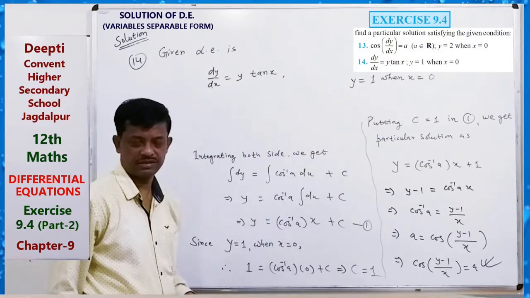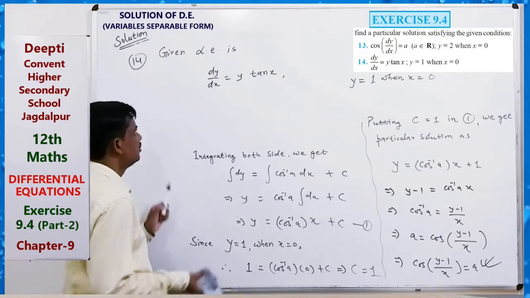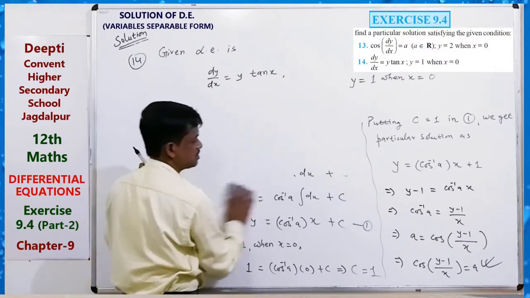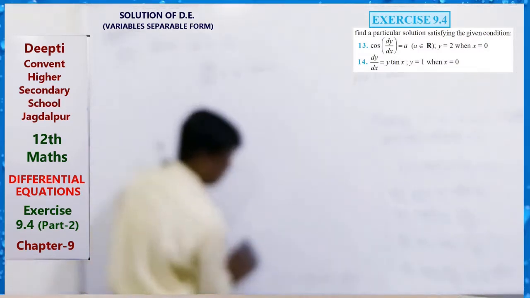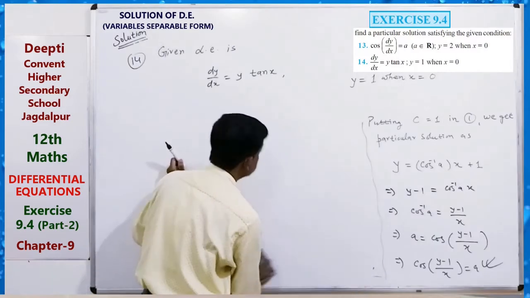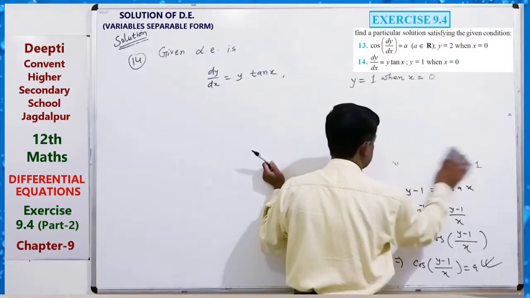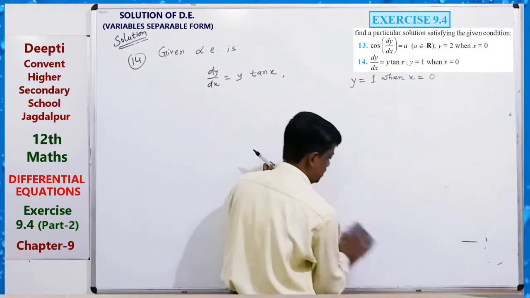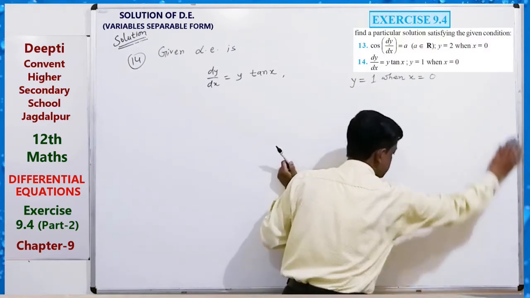This is the condition. So it can also be solved by which method? Variable separable. All the questions of this exercise are in variable separable form. Here x and y are functions of x and y as a multiplication, so it is variable separable form. You can solve this in a similar manner.